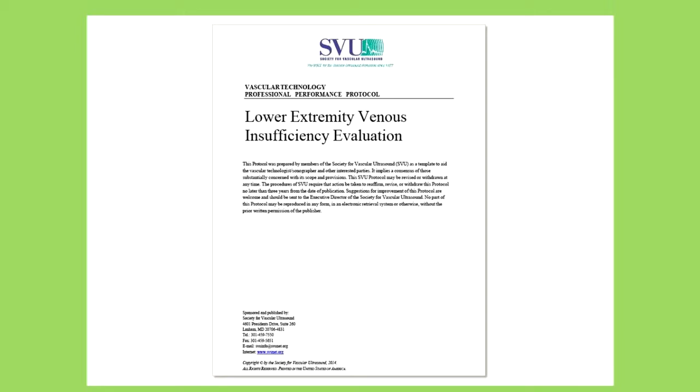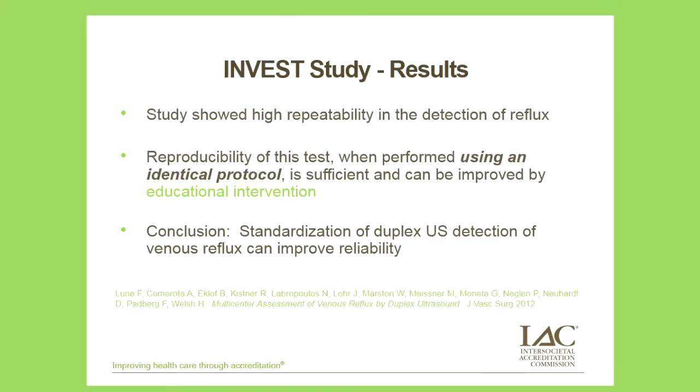They are suggestions, but everyone makes their own protocol. And why do we want to follow a protocol? Well, I'm going to talk about this study later, but basically we all want to have high repeatability in the detection of venous insufficiency, and we want to have reproducibility, so that if somebody comes to my lab or your lab, we can have at least the same outcomes and the same results.